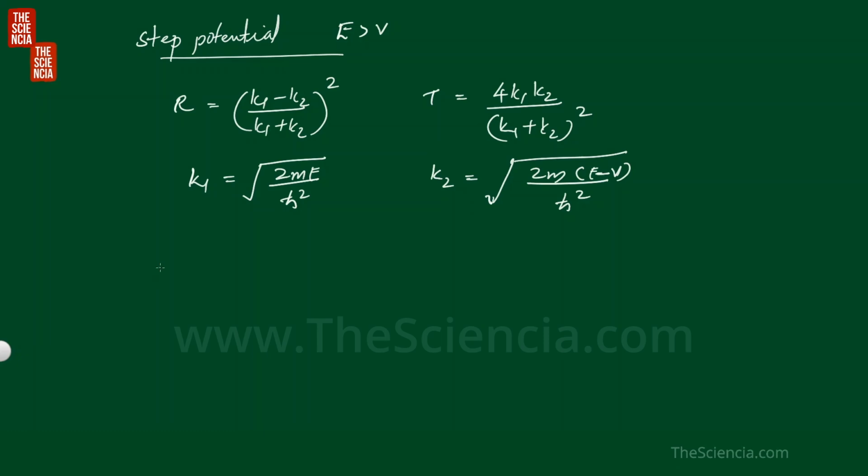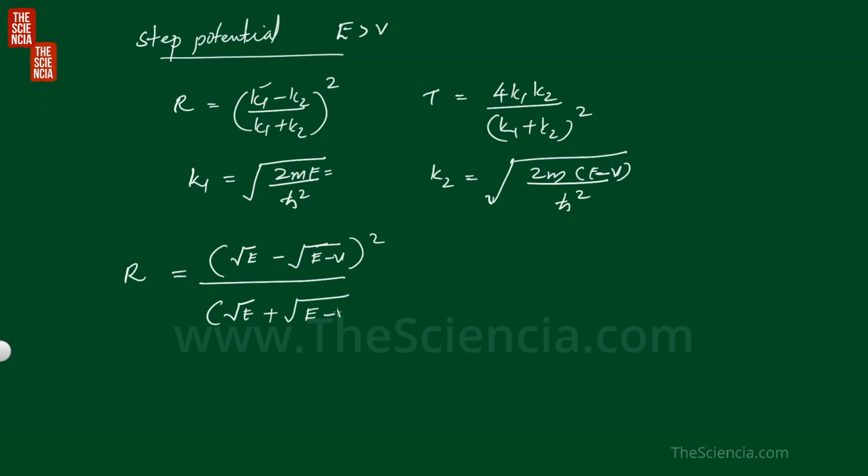So we can find out the reflection coefficient in terms of energy. That is, we have to substitute this value of K1 and K2 here. So we will get R equal to root of E minus root of E minus V, all square, by root of E plus root of E minus V, all square.